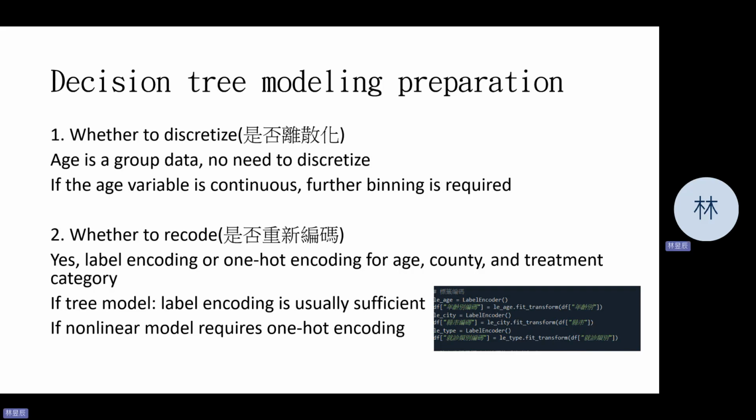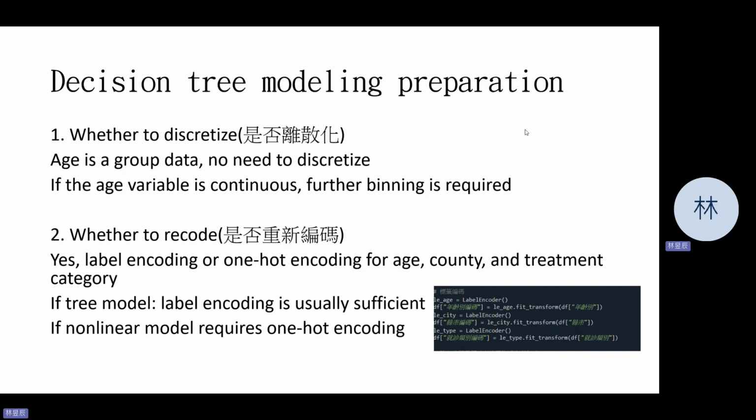And decision tree modeling preparation. Whether to discretize: age is a group of data, no need to discretize. If the age variable is continuous, further binning is required. Whether to recode: yes, label encoding or one-hot encoding for age, county, and treatment category.